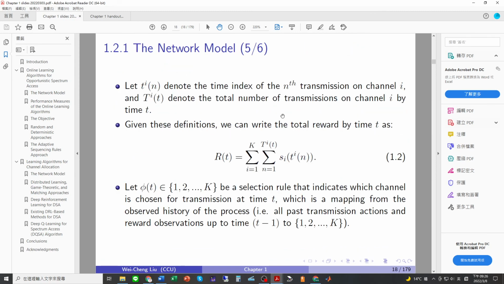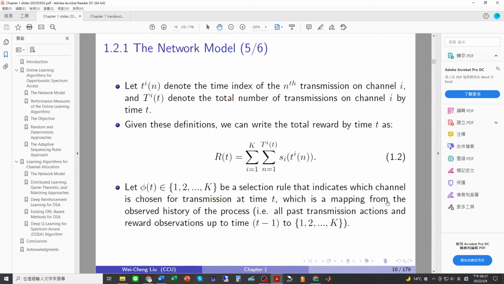So we have shown you an example to explain these 2 points and equation 1.2. Now let phi of t, in the set 1, 2, to k, be a selection rule that indicates which channel is chosen for transmission at time t. For example, if phi of 1 is equal to 1, then at time 1 we need to choose channel 1 for transmission.